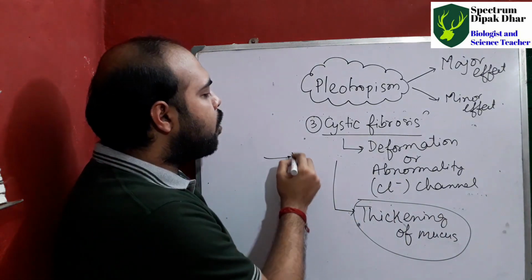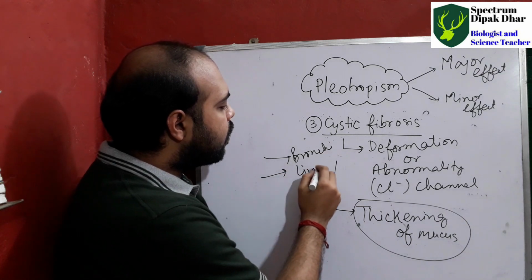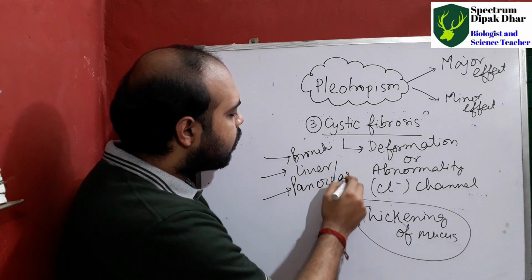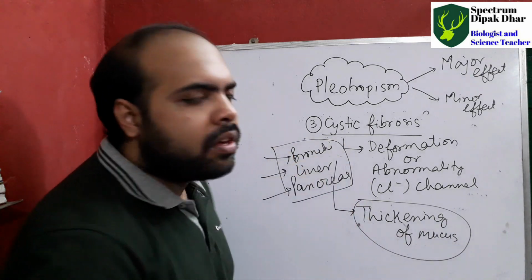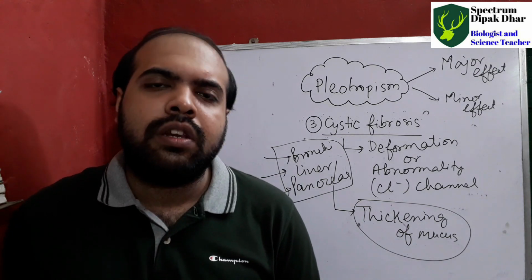Basically, it attacks the bronchi, liver and the pancreas. So these are the 3 organs that are basically affected in case of cystic fibrosis.